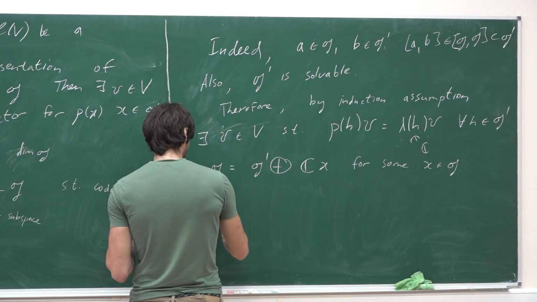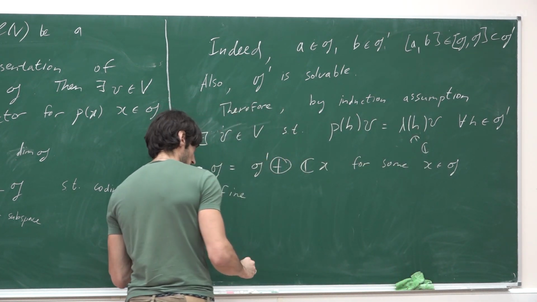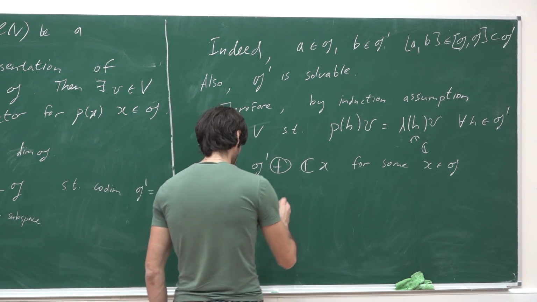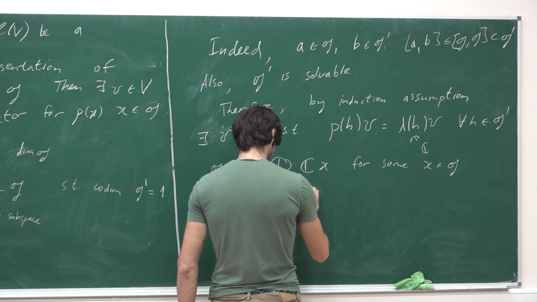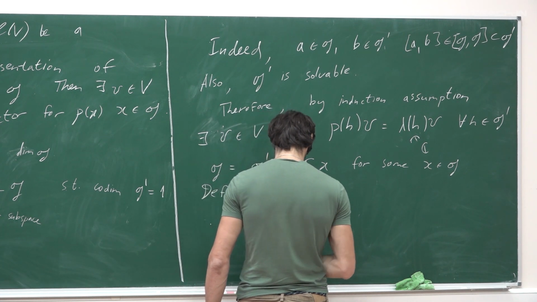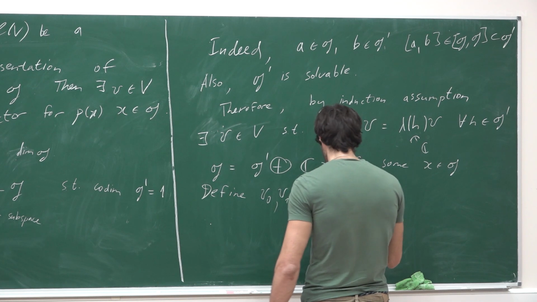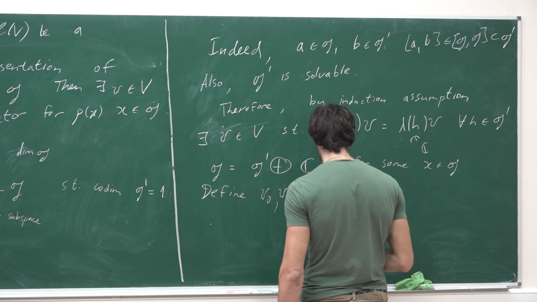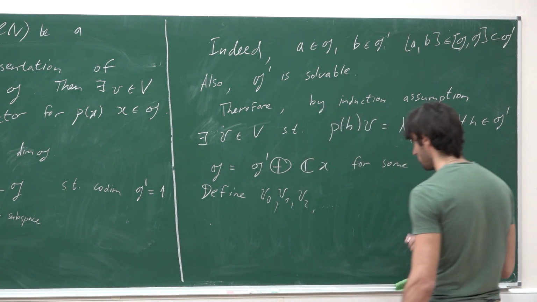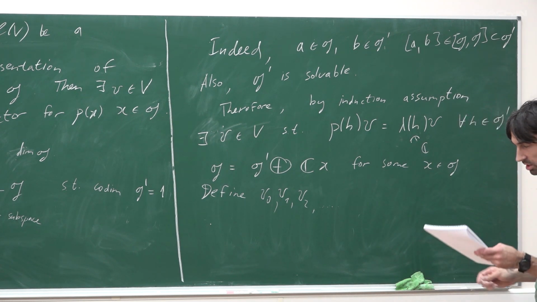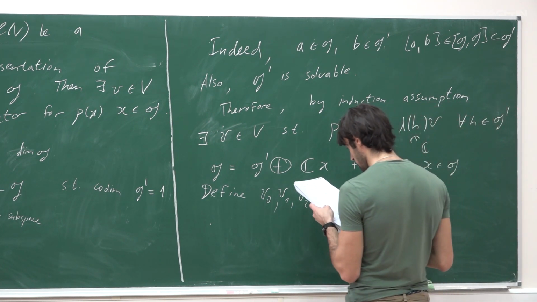And let me define now vectors v0, v1, v2, and so on. So v_i as i runs from 0 to infinity, as follows.